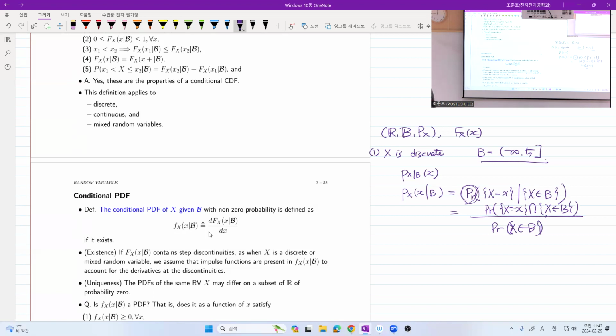Okay. Let me be more concrete. So suppose you have a fair die, and I will ask you something like this. What is the probability mass function of random variable X, given X is an even number? When you toss a fair die, what is it? Can you visualize that? Can you draw a graph of this probability mass function?